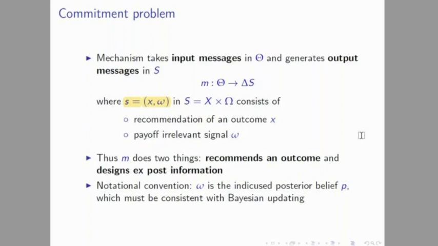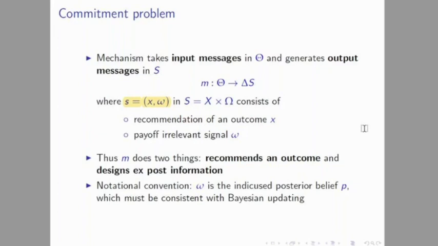In the other extreme, you could think about the mechanism as a black box where it only reveals the output that it recommends to be implemented, and no further information. Then omega would be constant in some sense.